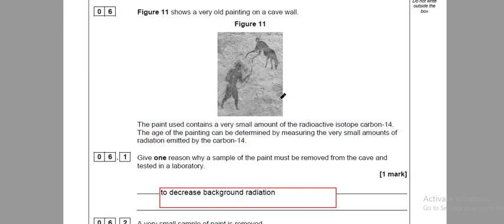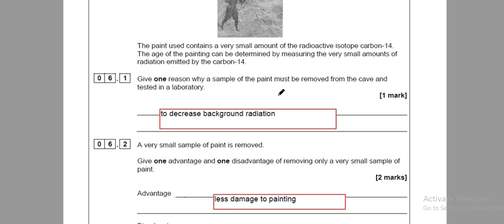The figure shows a very old painting on a cave wall. The paint used contains a very small amount of the radioactive isotope carbon-14. The age of the painting can be determined by measuring the very small amount of radiation emitted by carbon-14.